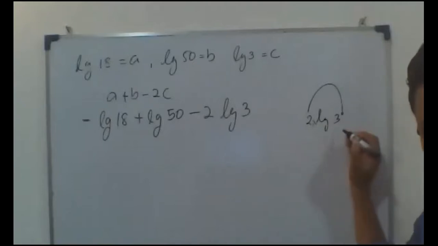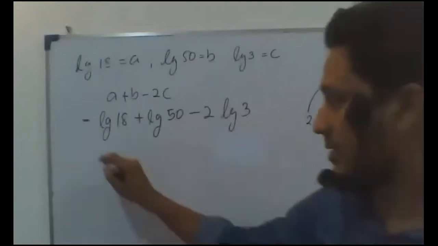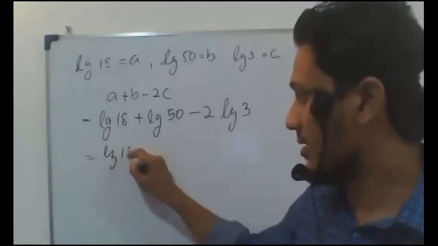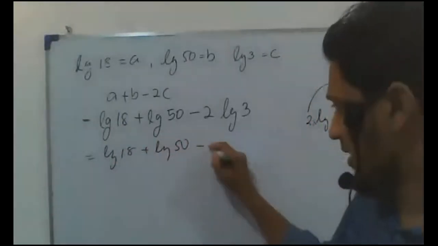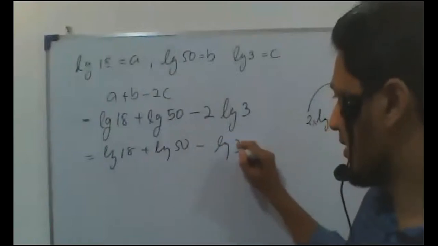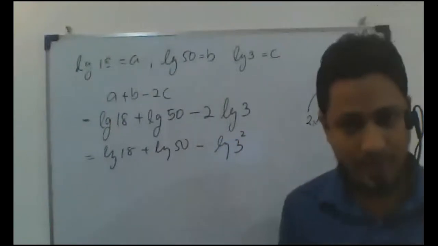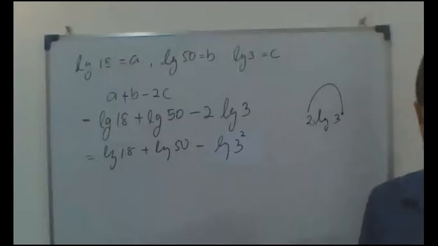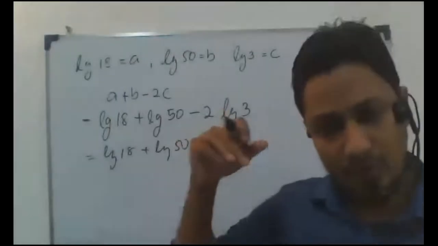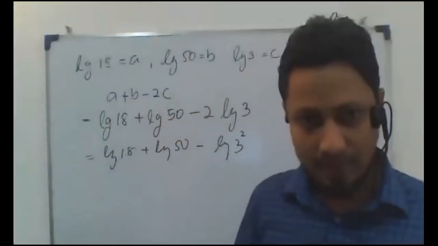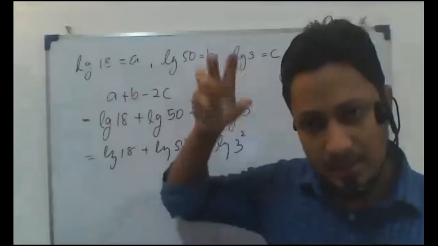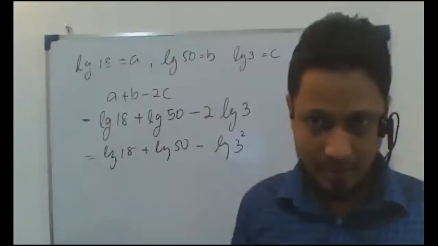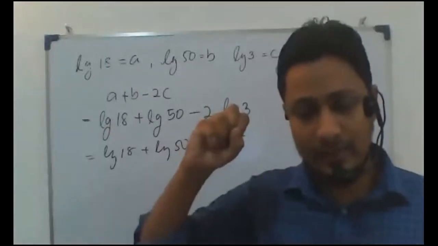If I take it, it comes like this: LG 18 plus LG 50 minus LG 3 squared. 3 squared, we know the answer, it's 9. So this is the revision of what you studied earlier while answering the questions. While we answer the questions, I'll revise the earlier lessons, how to do that and the theory part.